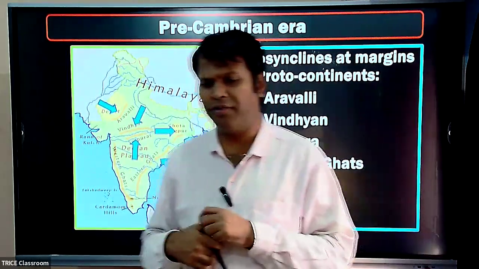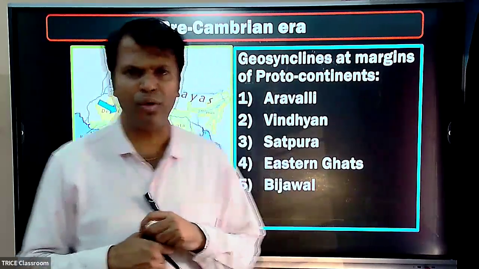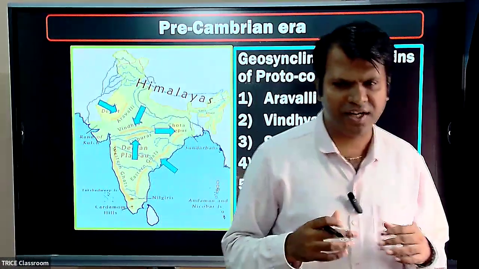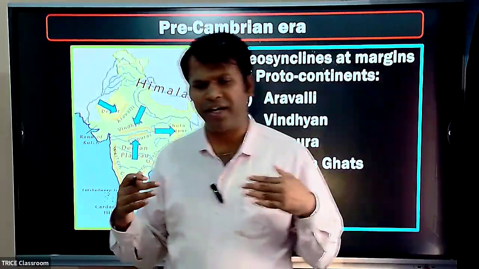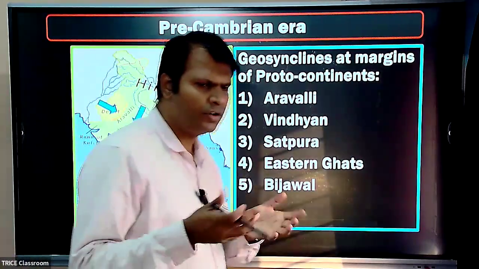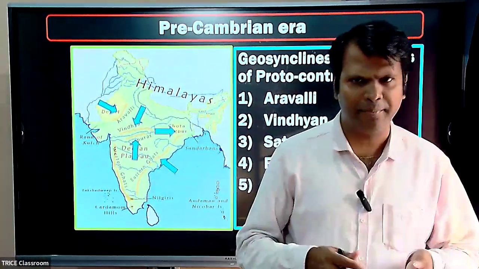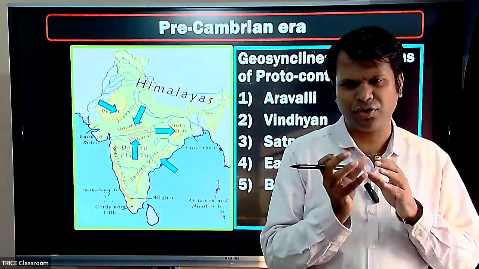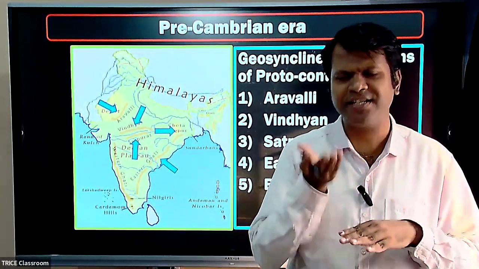So wherever you find two continental plates colliding with each other, if there was an ocean in between, and if that ocean is also uplifted in the form of fold mountains, after the ocean floor is consumed, the remaining ocean floor which forms the geosyncline gets uplifted.